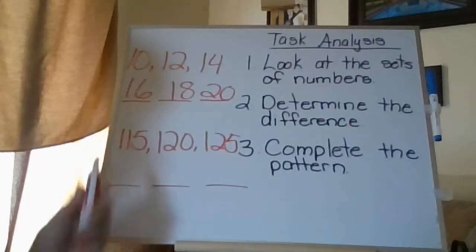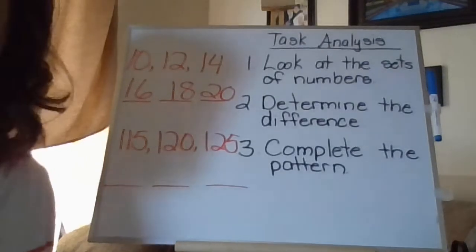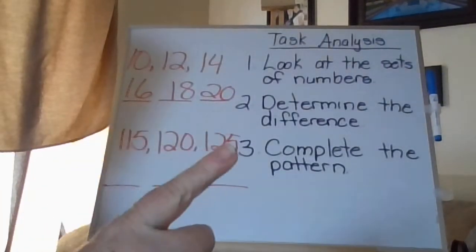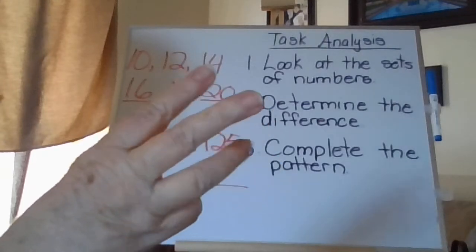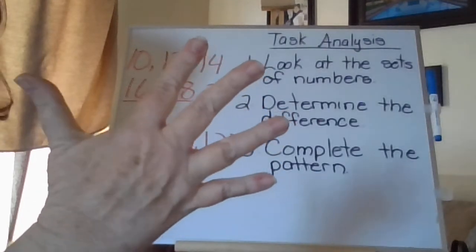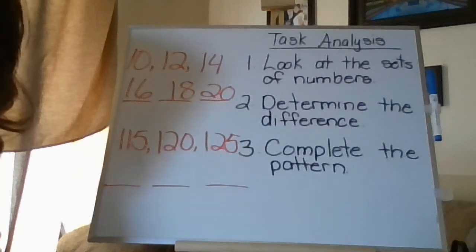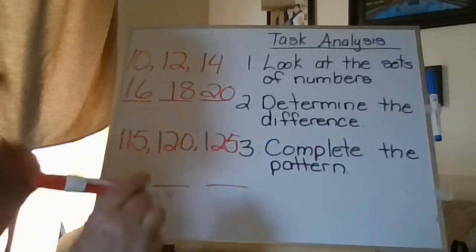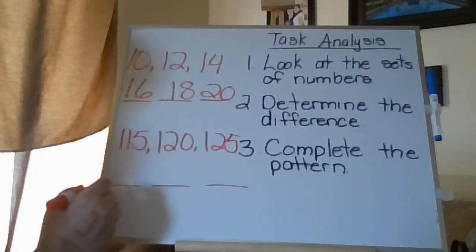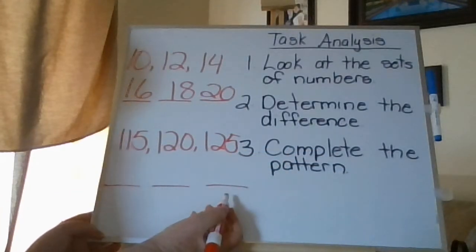The difference is 5. Let's check between the next two numbers. 120, 121, 122, 123, 124, 125. The difference is 5 again. So what are we skip counting by in this set of numbers? 5. Correct.